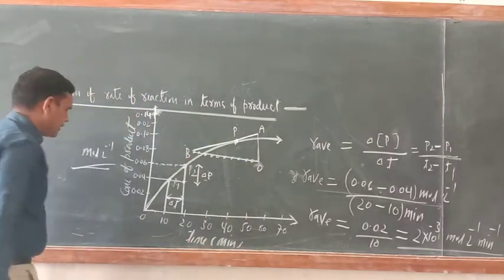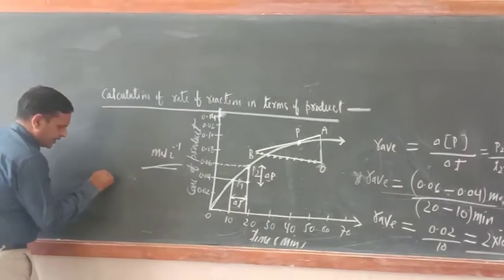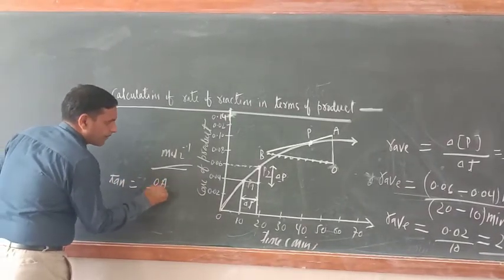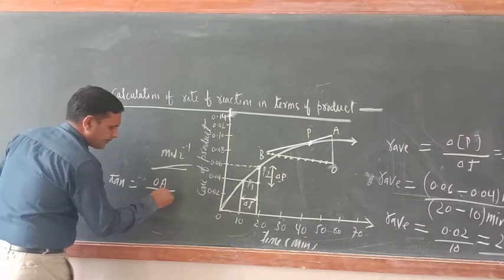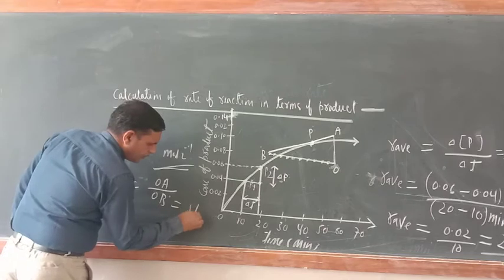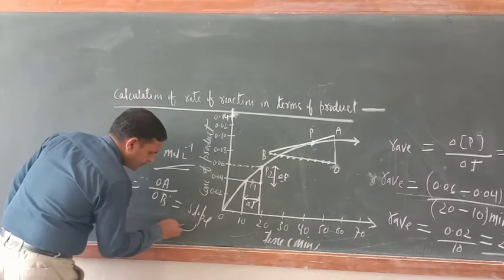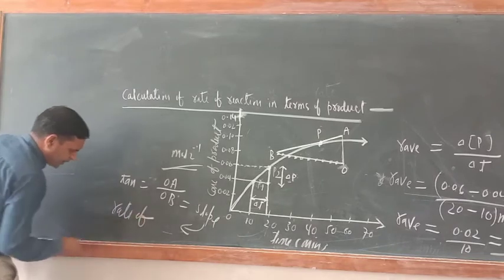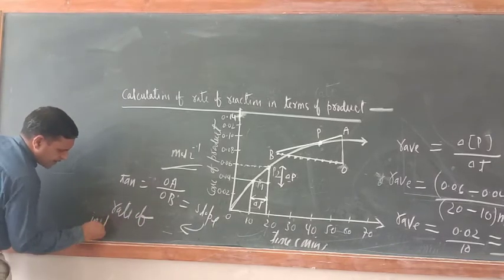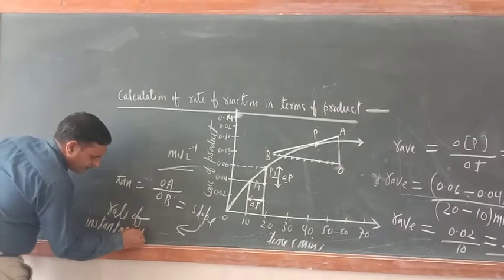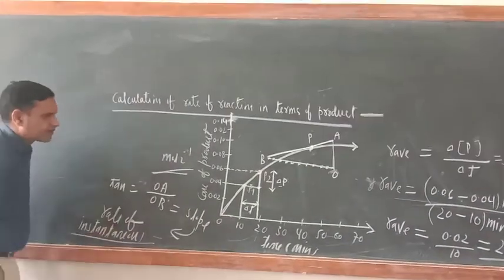So tangent is equal to OA by OB. Now this is equal to the slope, and this slope is the instantaneous rate.